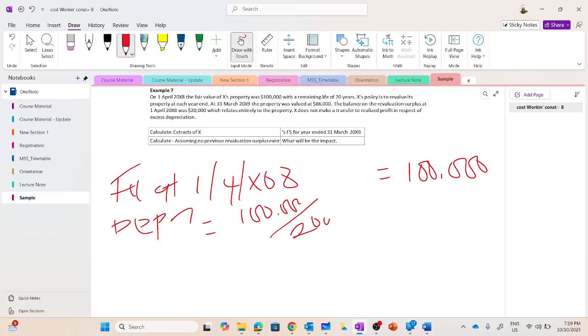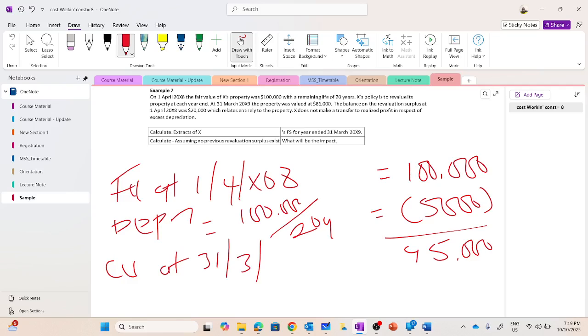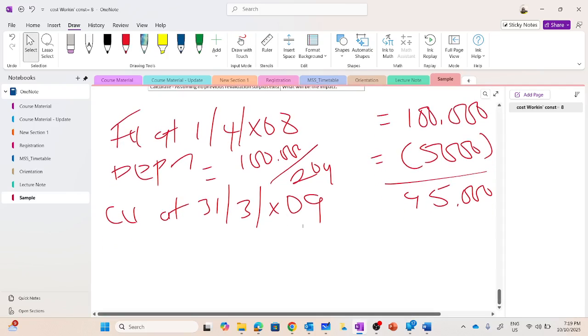On an annual basis, it's 5,000. So 95,000 will be the carrying value at 31st March 20X9.